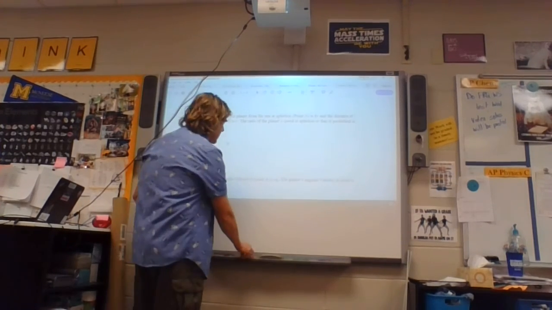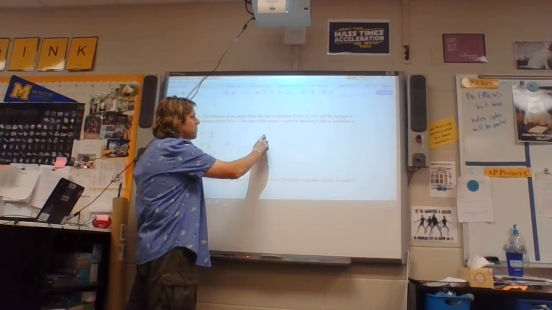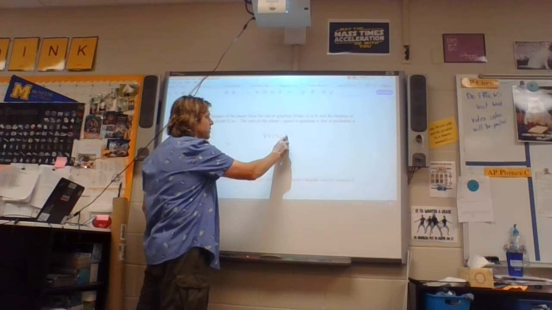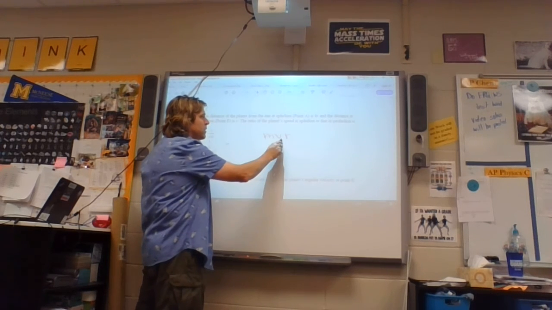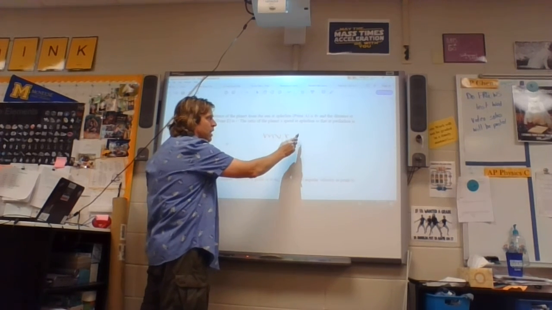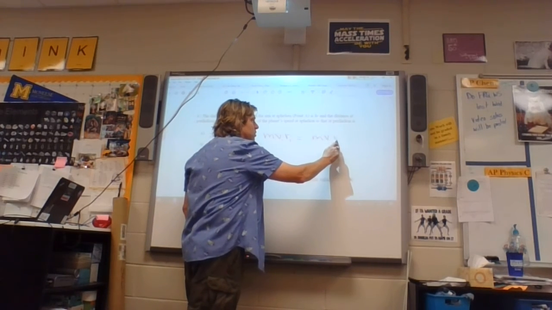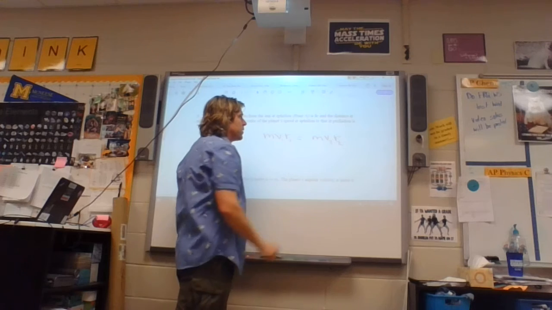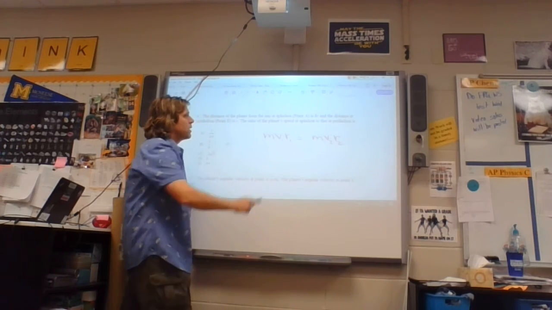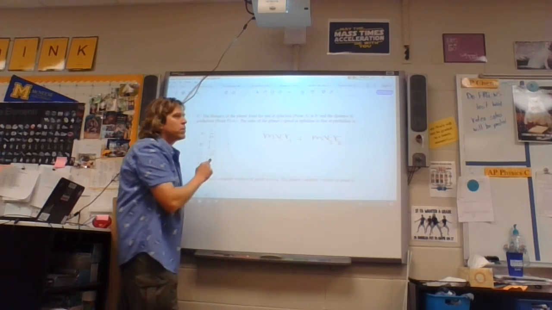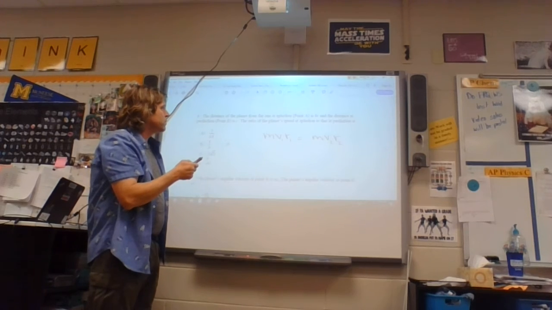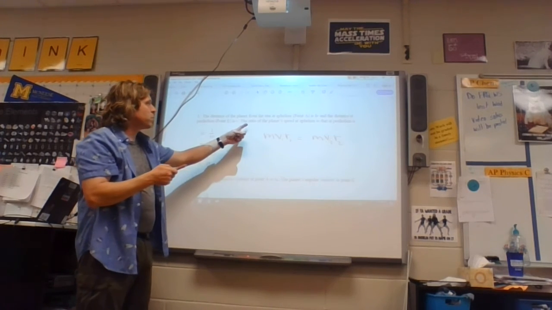So why is it 1/8? Conservation of angular momentum: MVR, so V1 and R1 is going to be equal to MVR at the other spot, V2 and R2. How does the R at the one location compare to the R at the other location? We're wanting the ratio of the planet's speed.